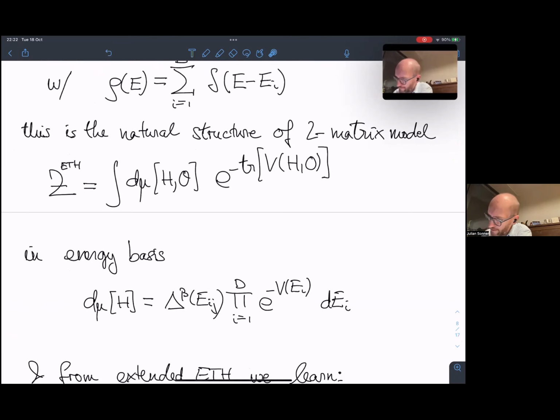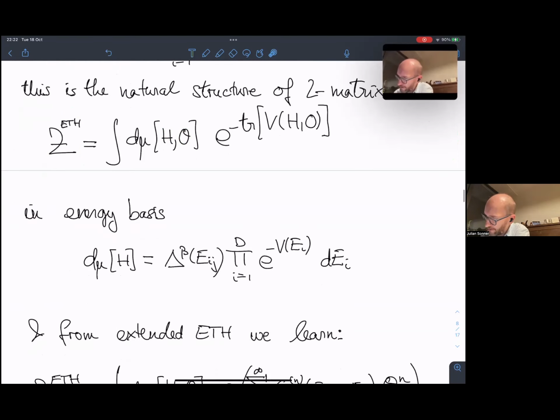So we'll define the ETH matrix model, which has some measure for the two matrices, H and O, with some single trace potential V of H and O. Where I define, and you will see in a second why I do this, the part that gives me the measure for H as the product of the integral over all eigenvalues.